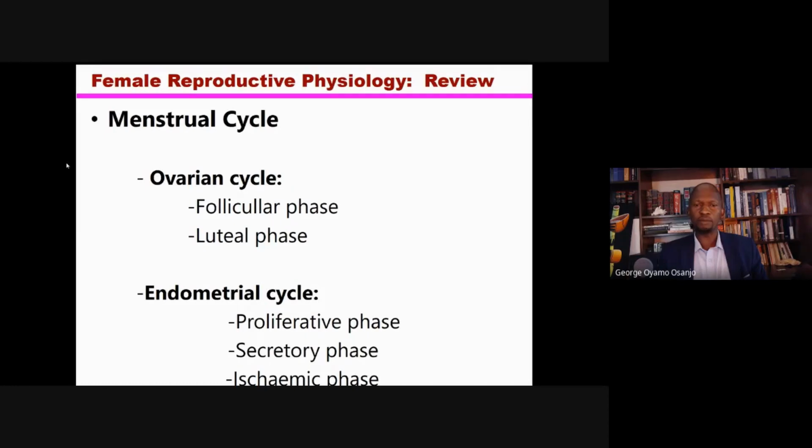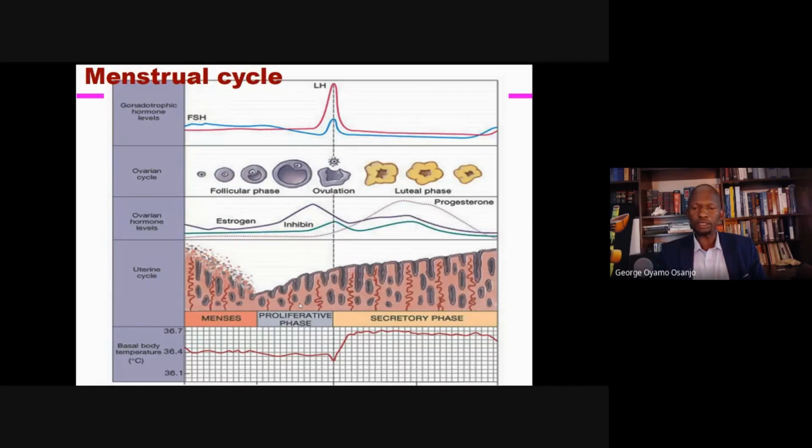The menstrual cycle can be best described by looking at various cycles. There's one called the ovarian cycle, a cycle that happens within the ovaries, and the endometrial cycle, or the uterine cycle, that happens within the uterus. Let's look in a bit more detail at what happens during the menstrual cycle.